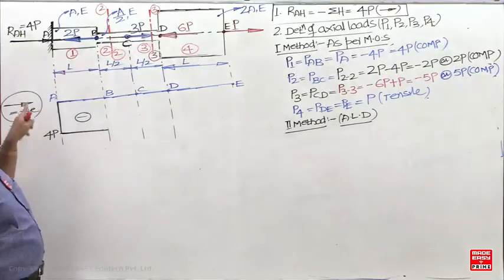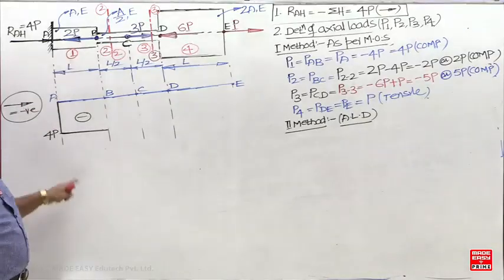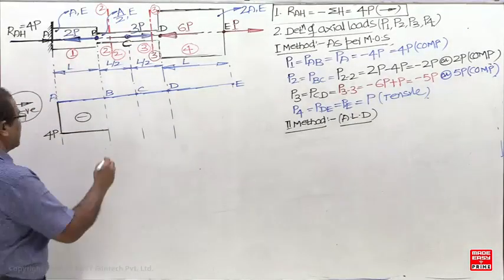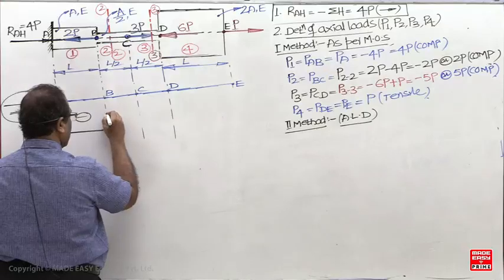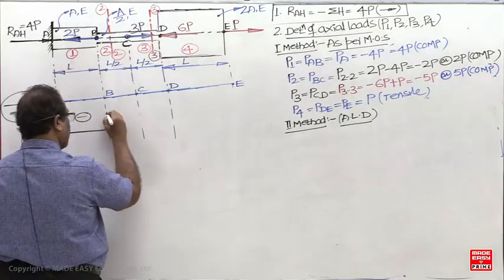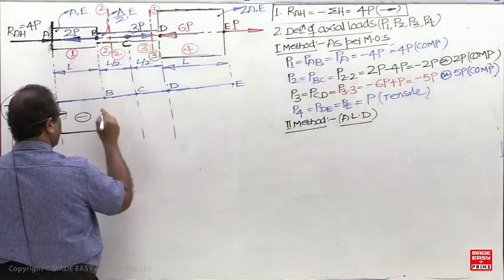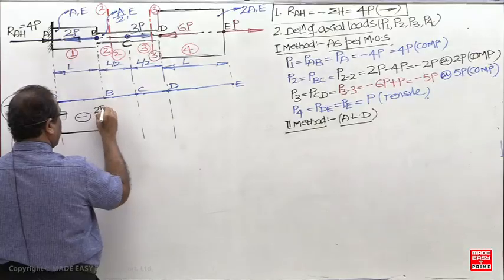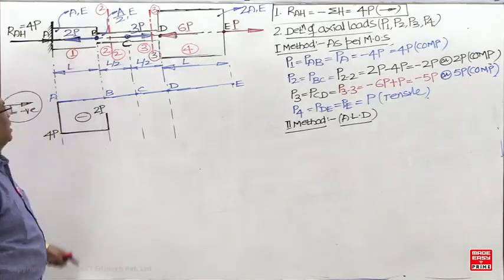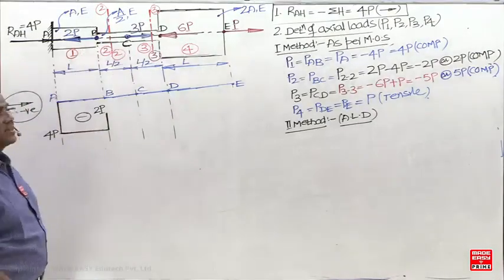So minus 4P plus 2P is minus 2P. Then draw a parallel line until the next axial load.